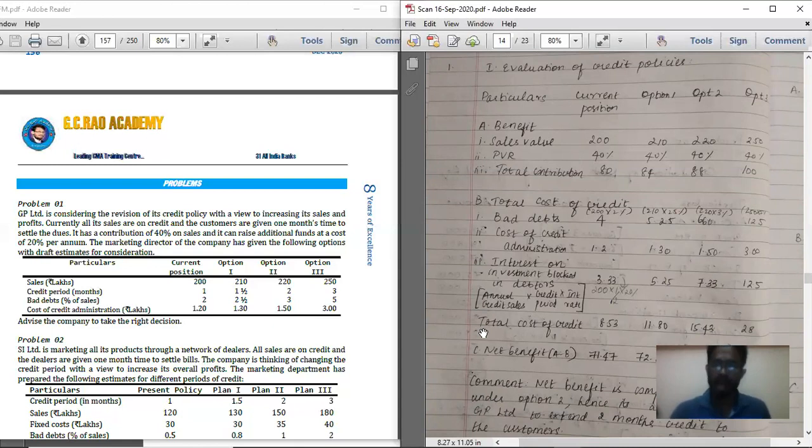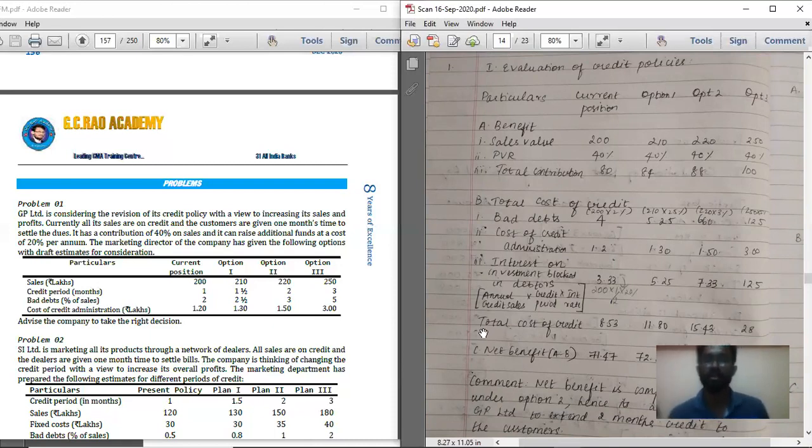The annual credit sales, that is total credit sales, into the credit period for which you are giving credit, into the interest rate per annum, that is the cost at which you are getting the funds. If you multiply all these three things, you will get interest on investment blocked in debtors.